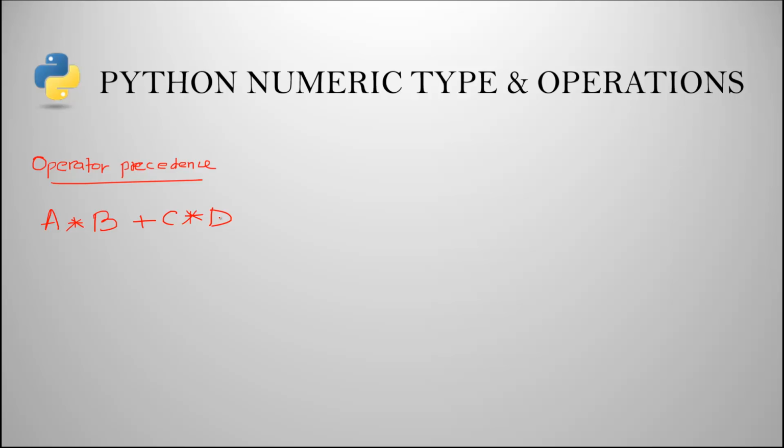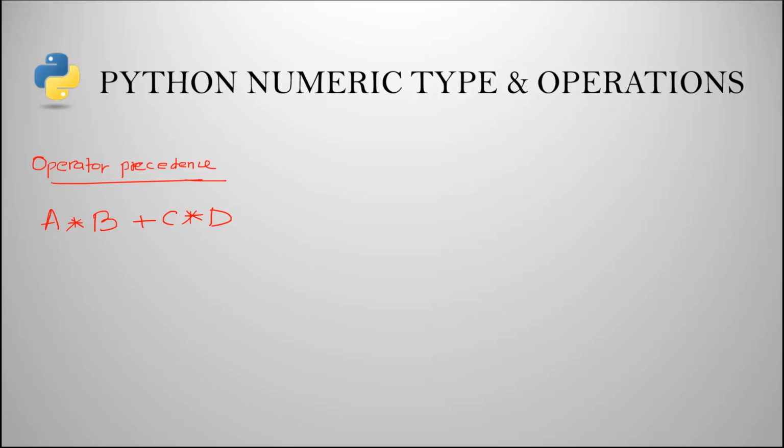The answer to this question lies in operator precedence. When we write an expression with more than one operator, Python groups its parts according to what are called precedence rules. And this grouping determines the order in which the expression's parts are computed.